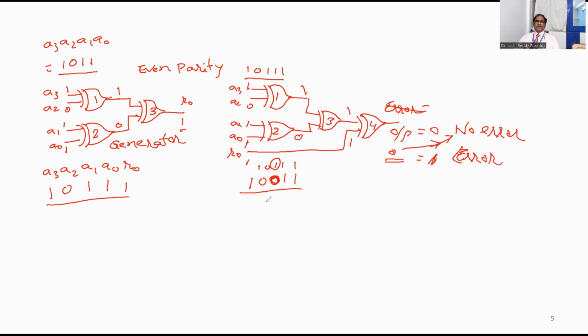Now what will happen? So let us draw the diagram again. Second XOR gate. Third XOR gate.